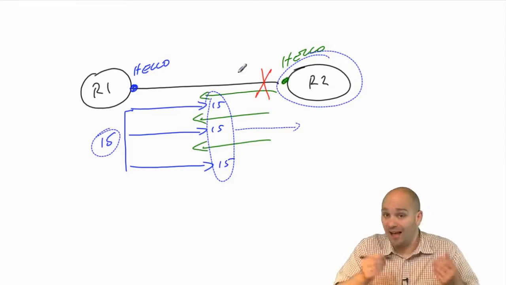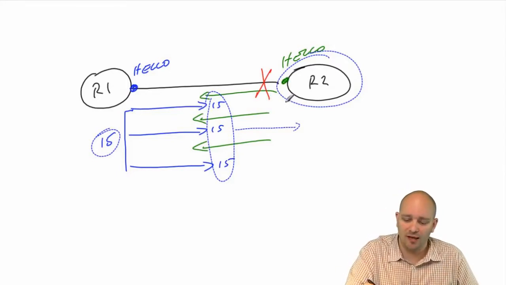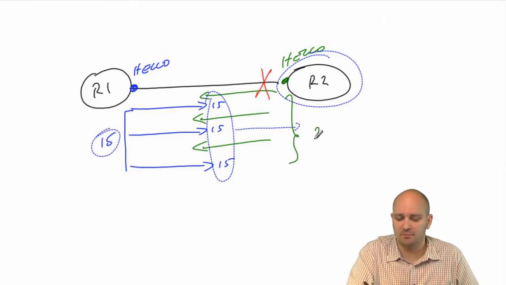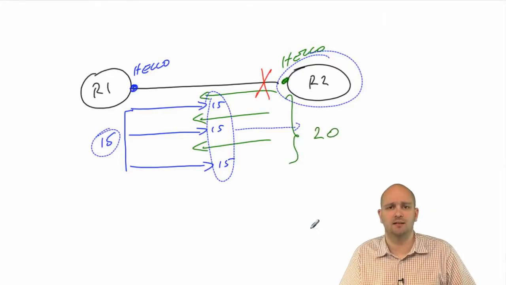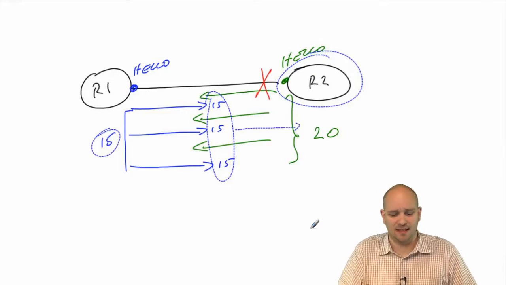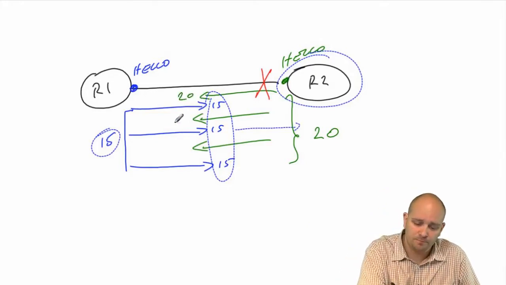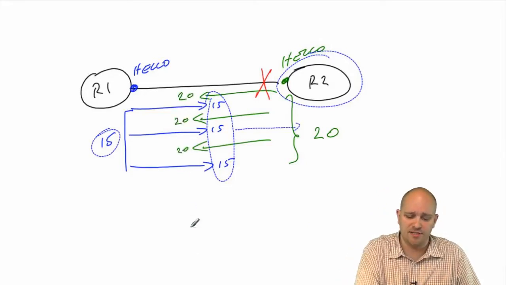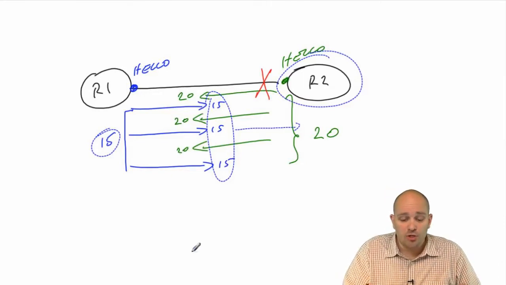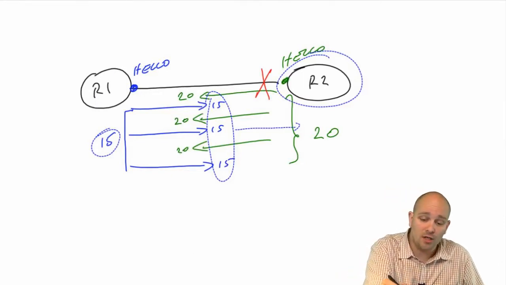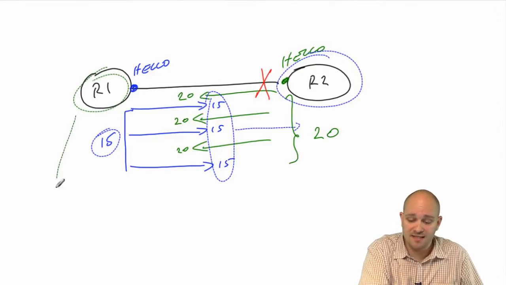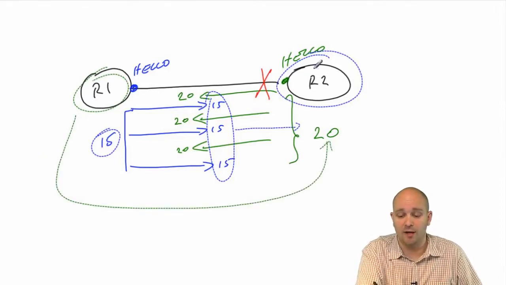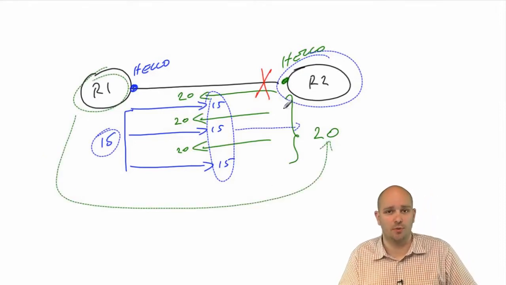But at the same time, on the same link, we could have R2 saying, you know what, use a hold timer of 20 seconds. This information will be included in every single hello message, which means that R1 is going to use it to determine whether R2 is reachable or not.